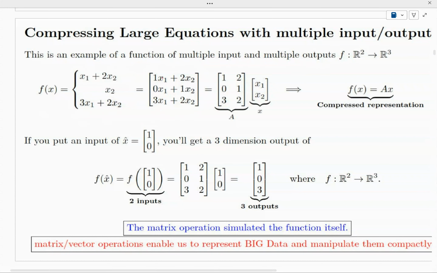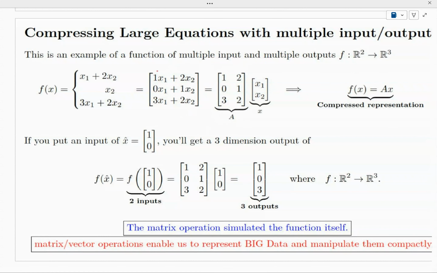The reason I make sure there's an x1 and x2 here is because this implies that we can pull them out. Notice how we now actually have a matrix, with 1, 2, 0, 1, 3, 2, and then x1 and x2 are pulled out here. Once we have done this, notice how this is a matrix and this is a vector.